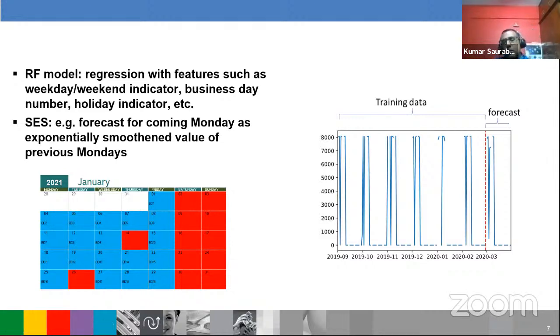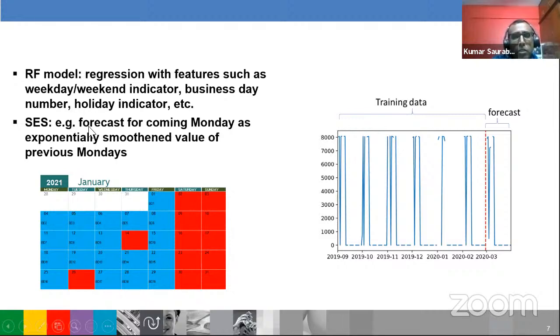In the model that we were planning to put into production, for each job we divide the data into training and test, pass the training data to both of these models, and see which model is doing better. So a model selection step is involved here.